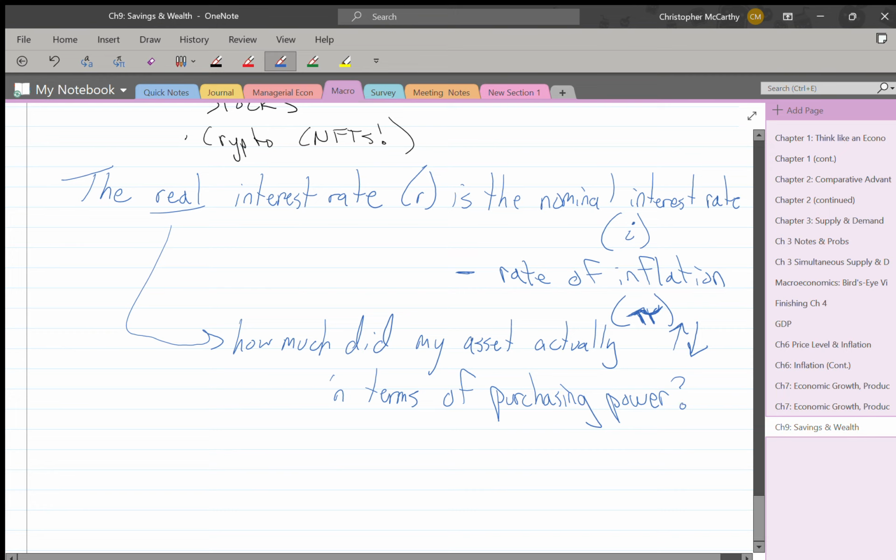And the marginal benefit therefore represents, the real interest rate therefore represents the marginal benefit of the extra savings.